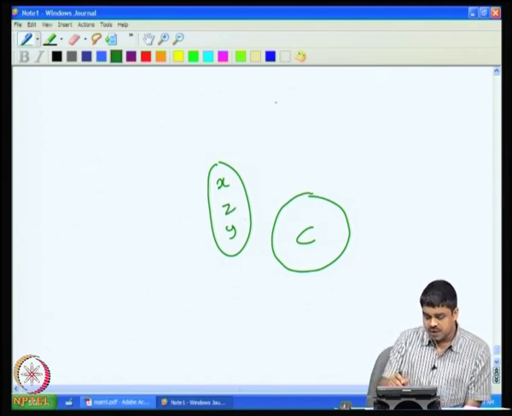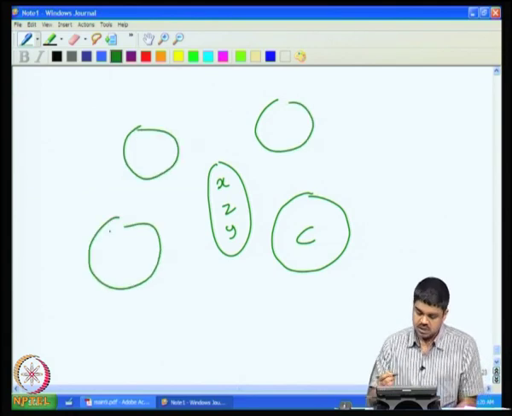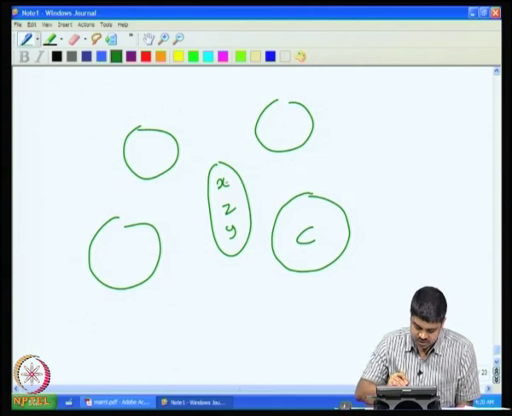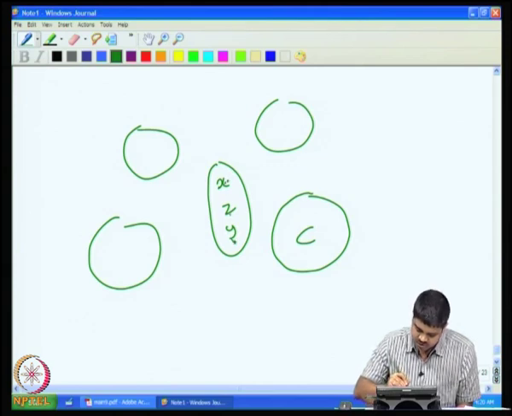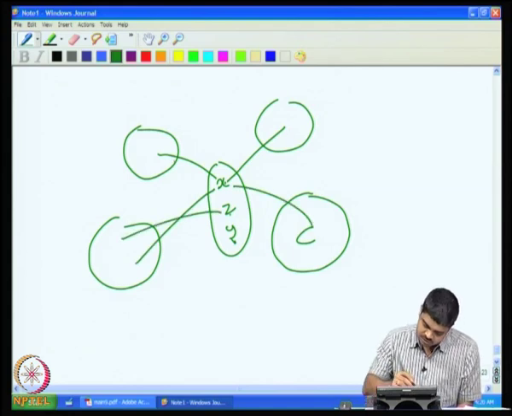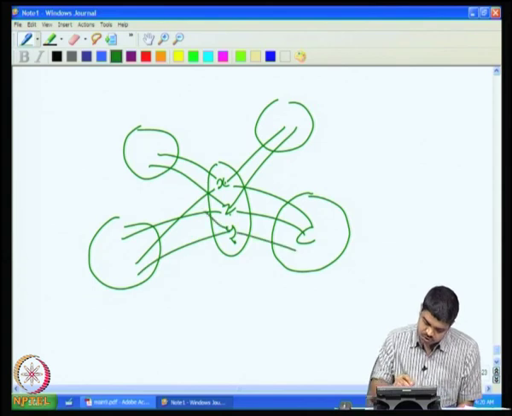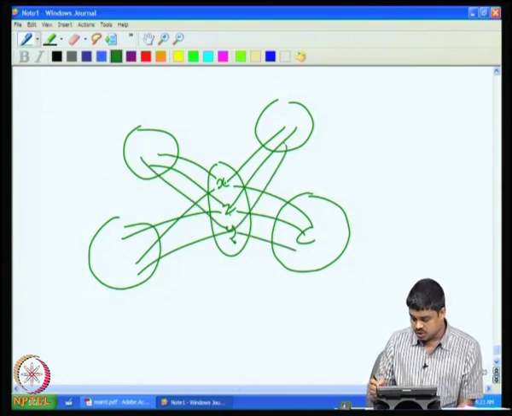Now, one property of a minimum separator is very important: if xyz is a minimum separator, then x should have an edge to each of the components, and z should have an edge to each of the components, and y should have an edge to each of the components. Why is it so? Suppose not.